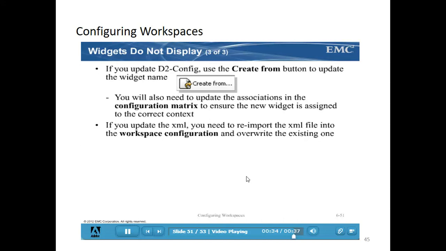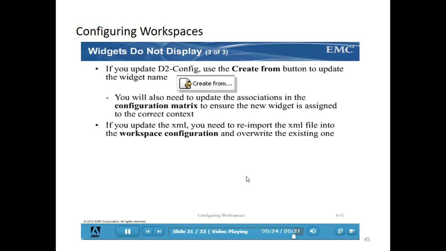You will also need to update the associations in the configuration matrix to ensure the new widget is assigned to the correct context. Anything comes from context, right? Basically those widgets have to be mapped into the context in the configuration matrix. That will help the widget defined in the XML to populate in the workspace. I hope you understood. I will tell you clearly.